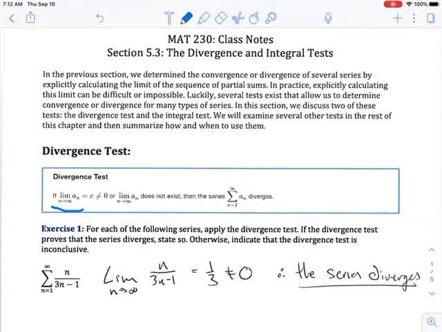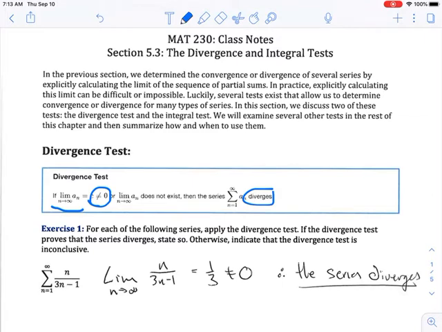If the limit of the sequence does not equal 0, if it equals c, or in other words, it has some limit which is not equal to 0, or the limit does not exist, then the series diverges. So the short way to remember this: if the limit does not equal 0, the series diverges.